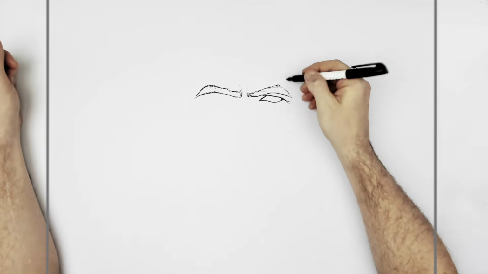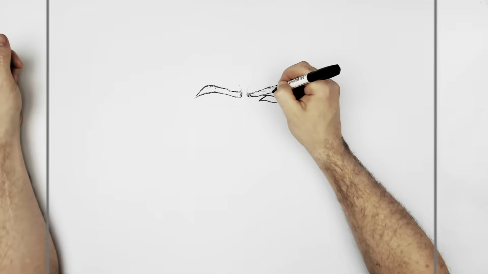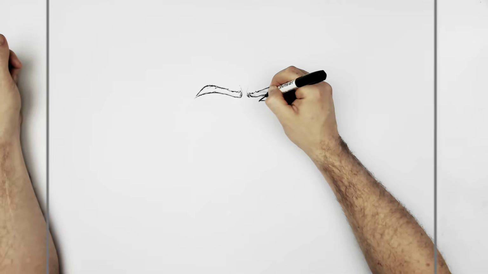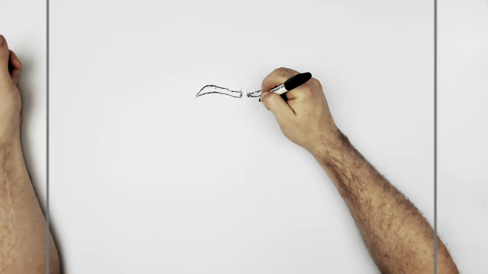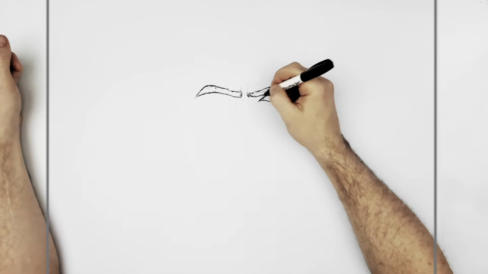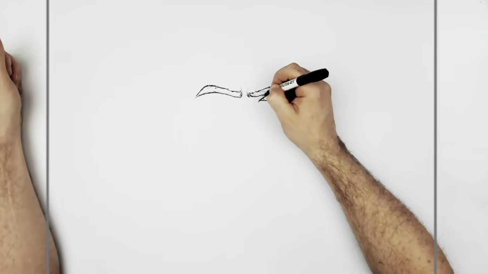So there is some shadow around his eye, because his brow is so set forward, you know. The tear duct is in here somewhere. Right, that's kind of the shape.